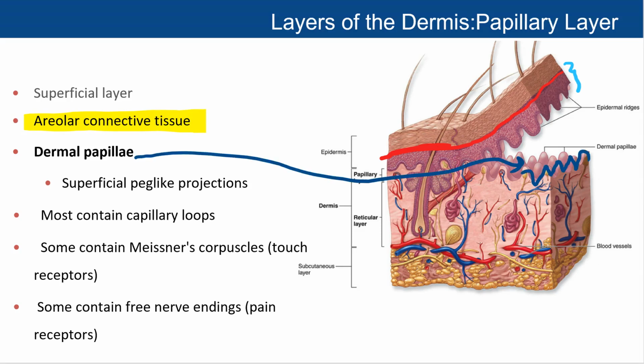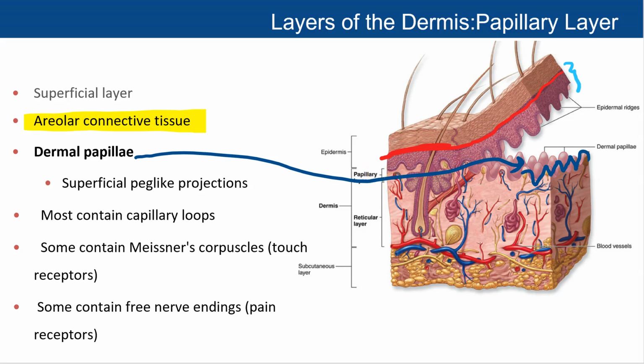You should know that the dermis extends up into the epidermis in structures called dermal papillae. Dermal papillae are peg-like projections which increase the surface area between the epidermis and dermis. They help adhesion between the dermal and epidermal layers, and they also provide a large surface area to exchange oxygen, nutrients, and waste with the epidermal layer, which is avascular.